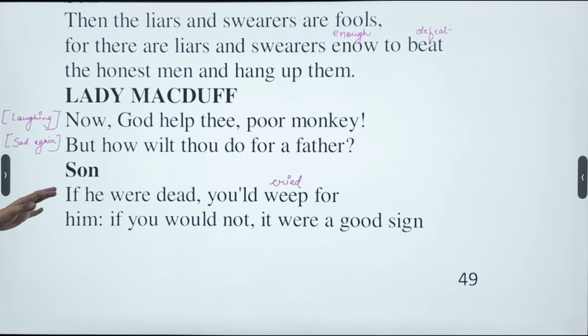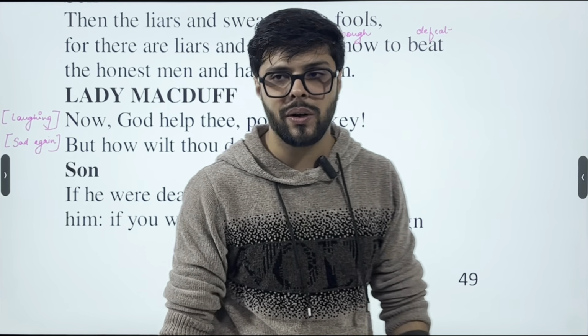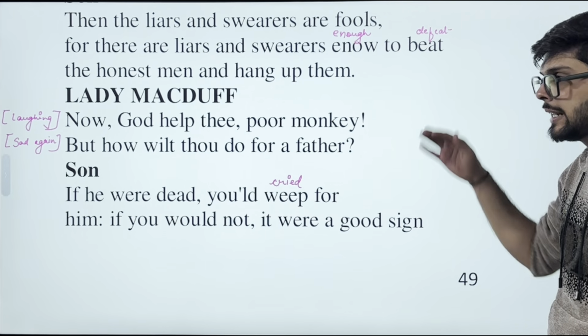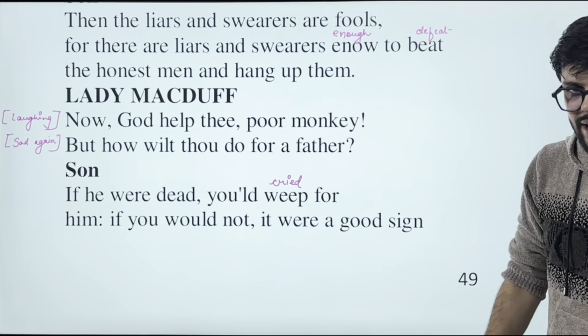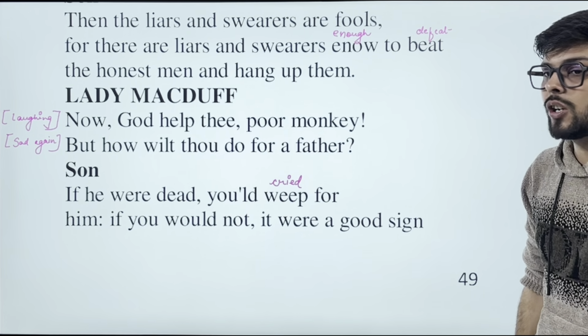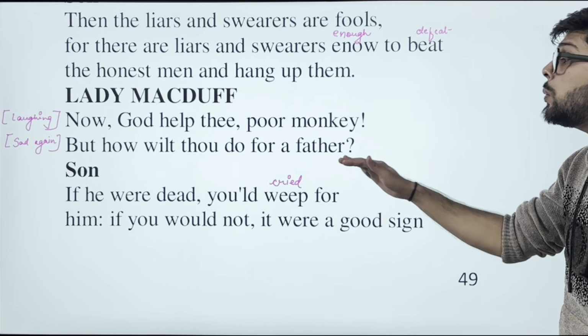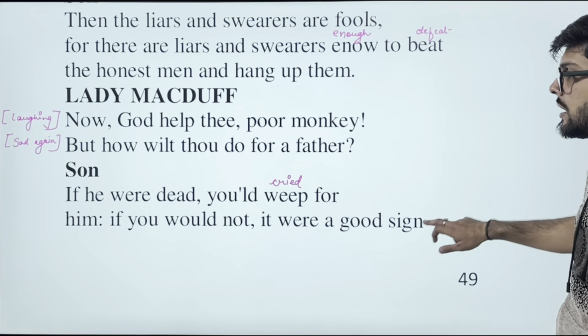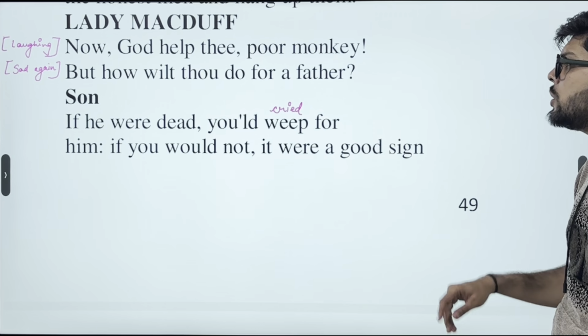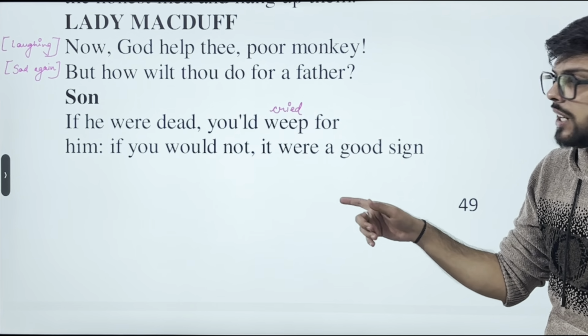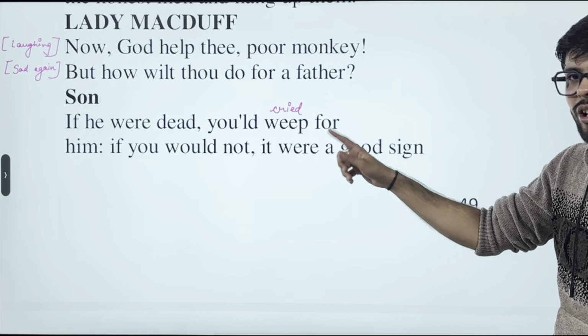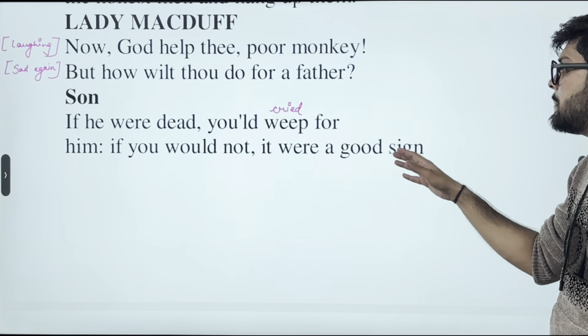Lady Macduff: Now God help thee, you poor monkey, but how wilt you do without a father? Look at the way you're talking, laughing, with all his witty comments and remarks about traitors and honest men. But what will you do without a father? You tell me that. If he were dead, you would be weeping for him. If you are not crying for my father, that means it's a good sign.